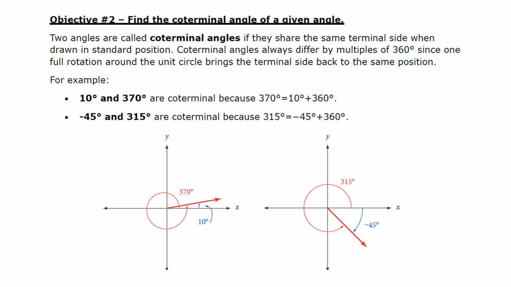For example, 10 degrees and 370 degrees are coterminal because 370 equals 10 degrees plus 360 degrees. Another example, negative 45 degrees and 315 degrees are coterminal because 315 degrees equals negative 45 degrees plus 360.